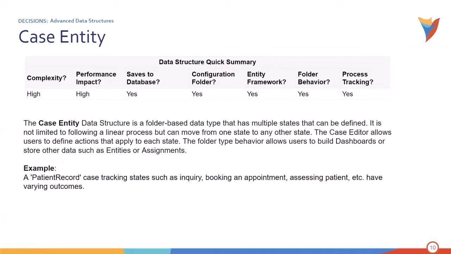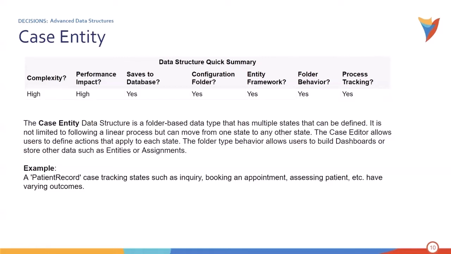Whereas for the case entity, you could go from submission to review, back to submission because maybe you forgot to include something in your application. So during the review, the application just kind of gets sent back for additional input. So that's when the case entity would be used for non-linear processes.